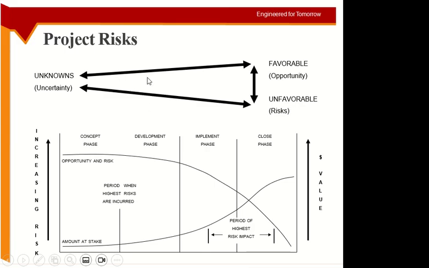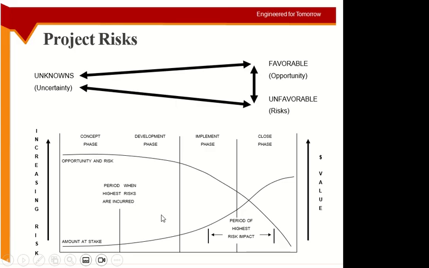So the number of unknowns and the uncertainty... I may not be able to explain, but you understand this thing, right? My mind is stuck. I don't know how to explain this thing.